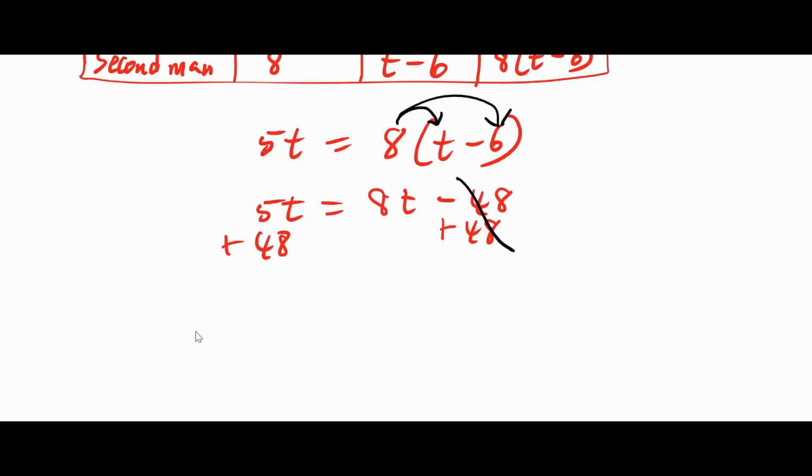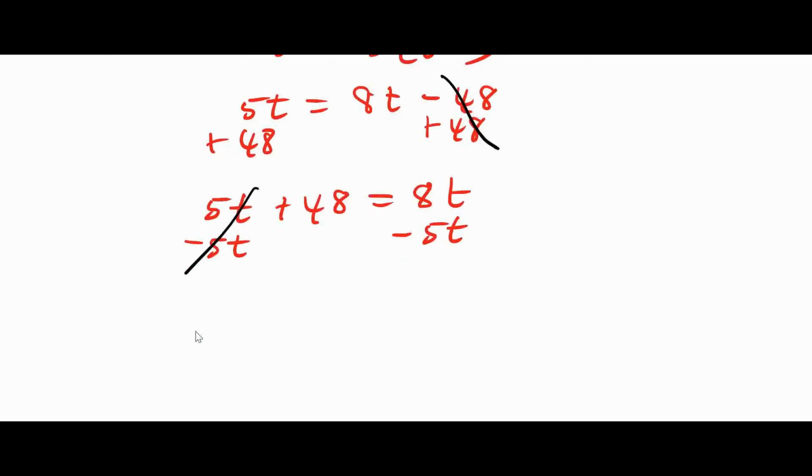And 5T plus 48 is equals to 8T. So we can subtract 5T from both sides, and this will be cancelled. So 48 is equals to 3T.